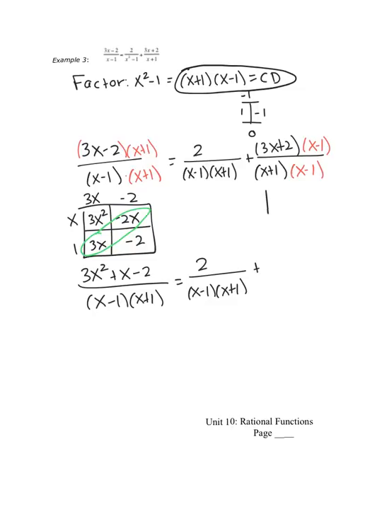Third fraction, I'm going to do box method again. 3x plus 2, x minus 1. Combine those like terms. So you've got 3x squared minus x minus 2.